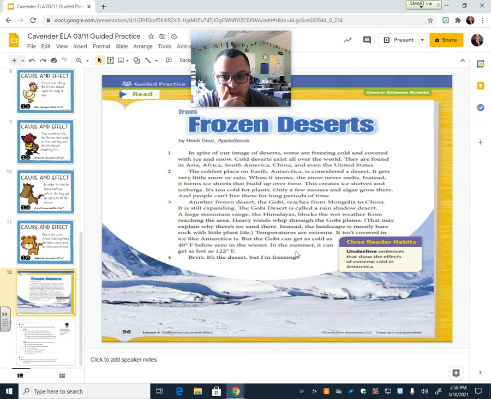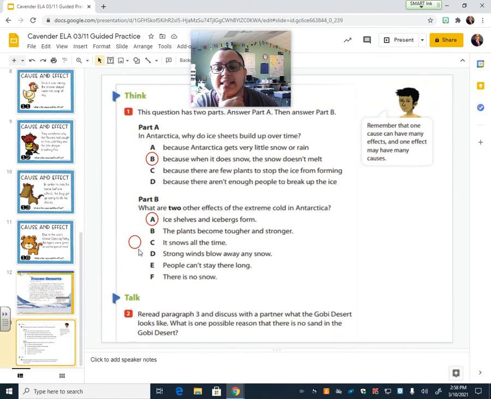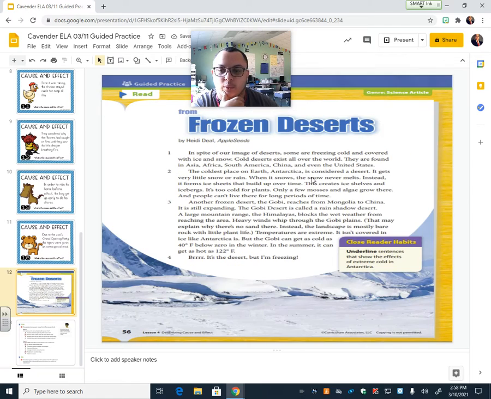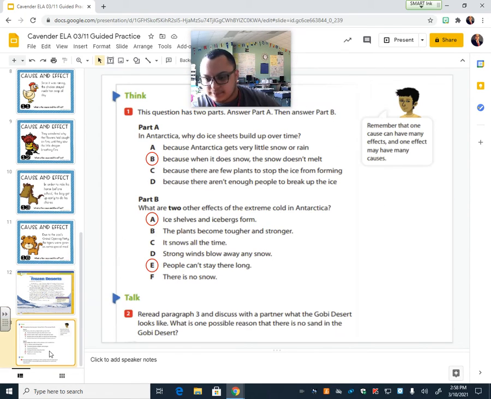In the summer, it can get as hot as 122 degrees. This sentence here says, and people can't live there for long periods of time. So that is an effect. But remember, we have to read all of our answer choices. The last one says there is no snow. Well, that's not true because it does get snow sometimes.